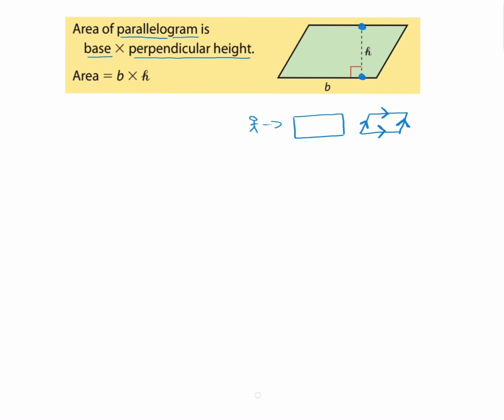So with a rectangle, say we have a rectangle and we have B and we have A. For the area of a rectangle, you multiply A by B. Now, with a parallelogram, we don't do that. We don't multiply this side here by this side here. We multiply the perpendicular height, which means the height of the parallelogram straight up from the bottom to the top. I've just colored it in blue. So B stands for the base and H stands for the height, starting at the bottom and going straight up.